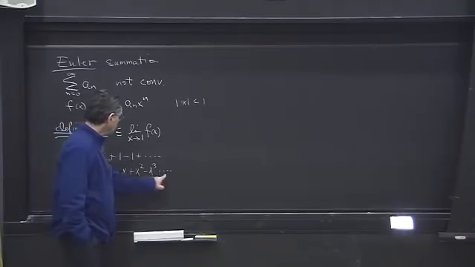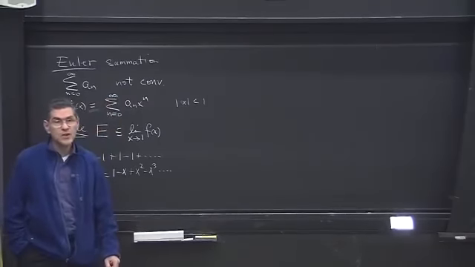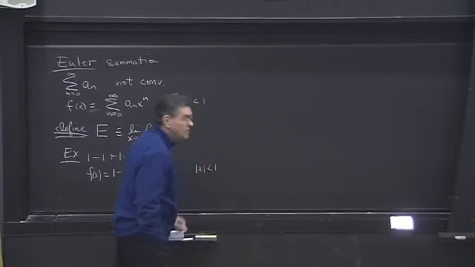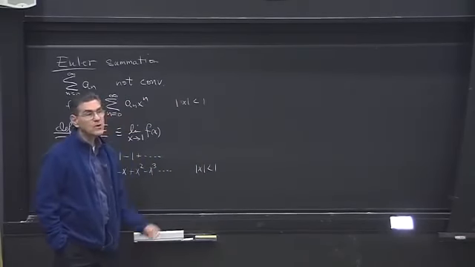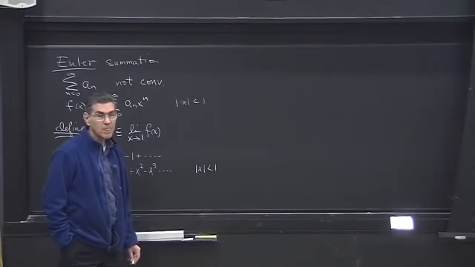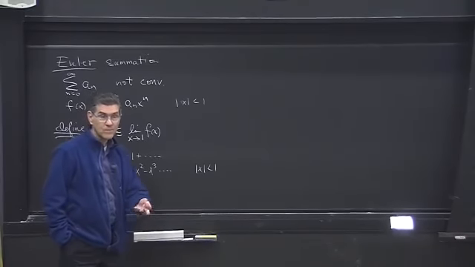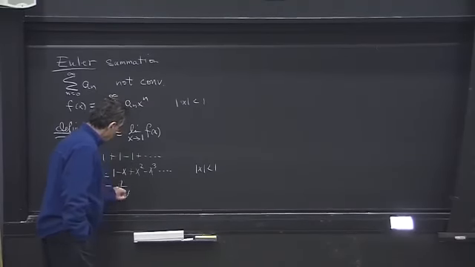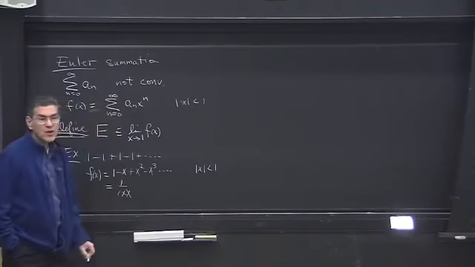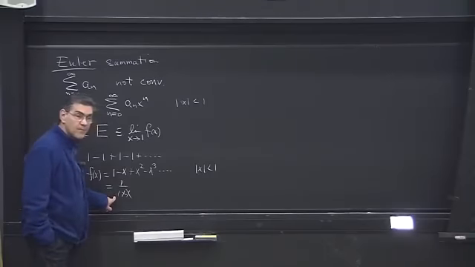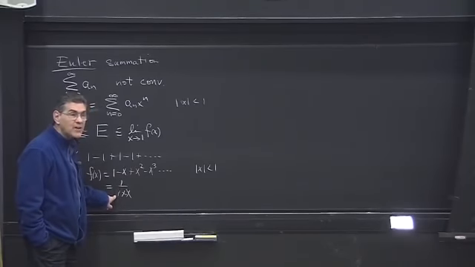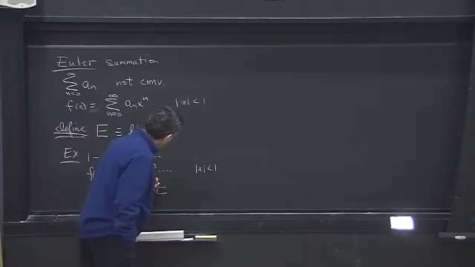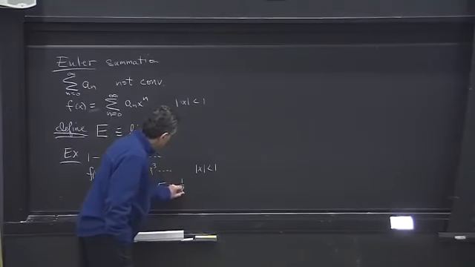Does the sum of that series exist for x less than 1? Yes, it does. What is the sum of that series? 1 over 1 plus x. And then Mr. Euler says, take the limit of this as x approaches 1. And what you learn is that the Euler sum of the series is 1/2.